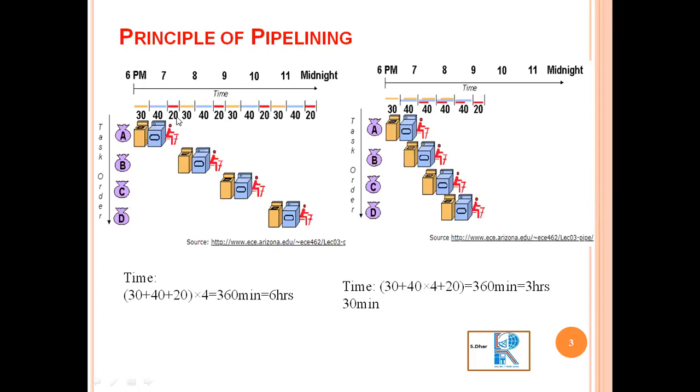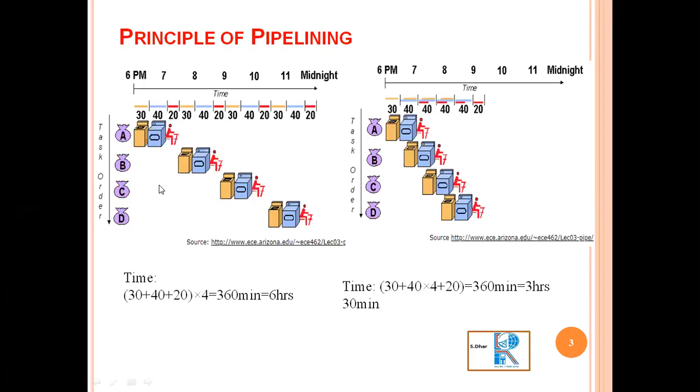Suppose there are 4 sets of clothes A, B, C and D. The question is, what is the total time required for completion of the tasks? This is the order of the tasks: first A, then B, then C, and then D.